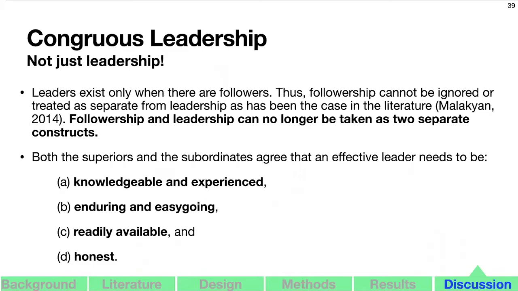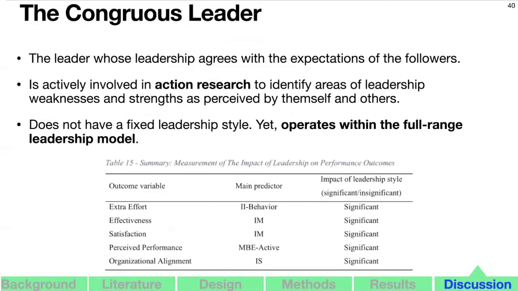We cannot just study leadership or consider leadership to be something separate from the followers, but we have to include followers when we are talking about leadership. And so, who is a congruous leader? A congruous leader is someone whose leadership agrees with the expectations of followers. And this leader should be actively involved in action research to identify areas of weaknesses and areas of strength within the organization.